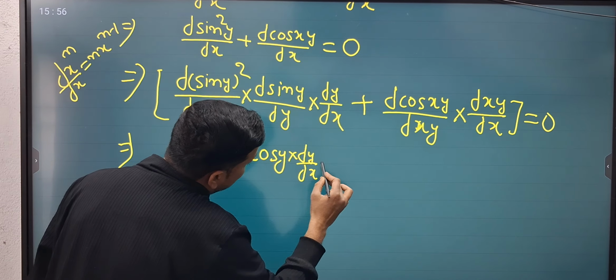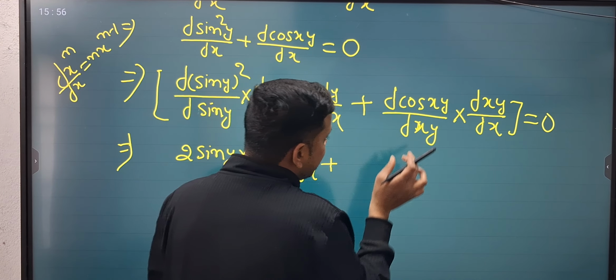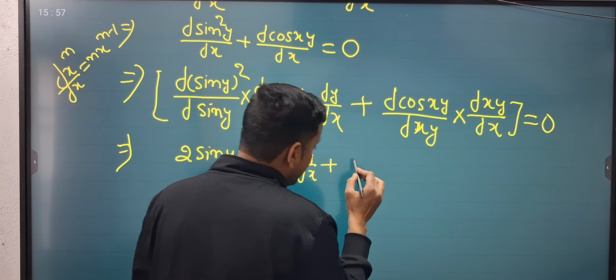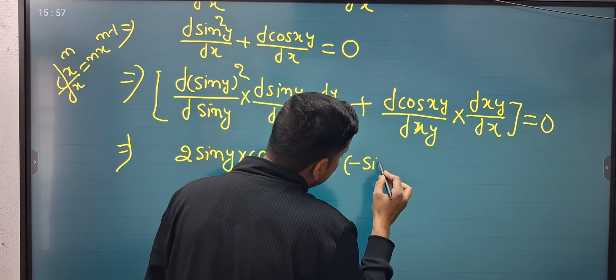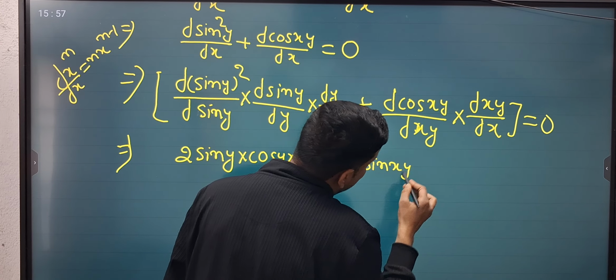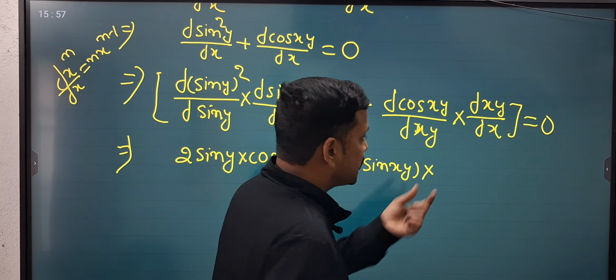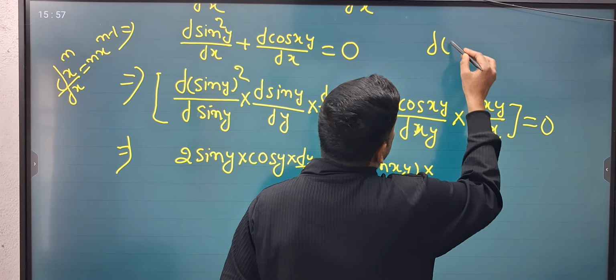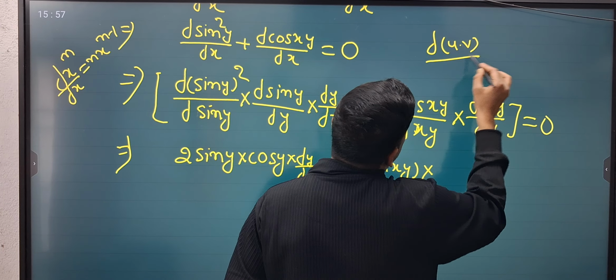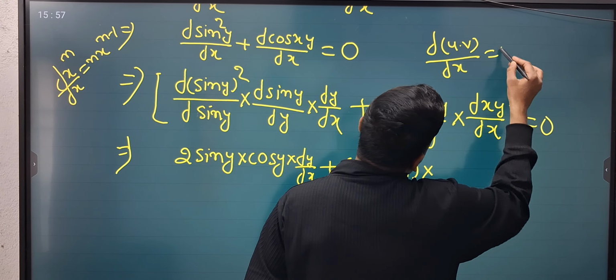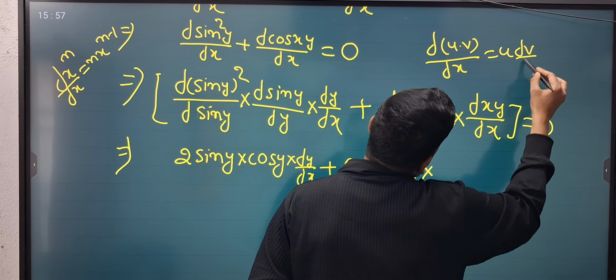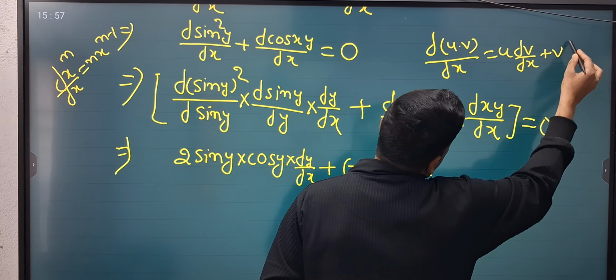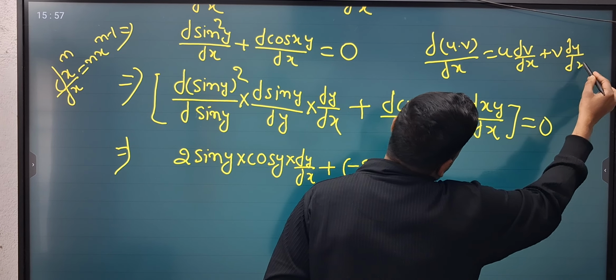and dy by dx plus, here the differentiation of cos x is minus sin x, so this will be minus sin xy into, here is two terms u into v, and the differentiation of u into v, you know that d(uv) by dx equals u dv by dx plus v du by dx.